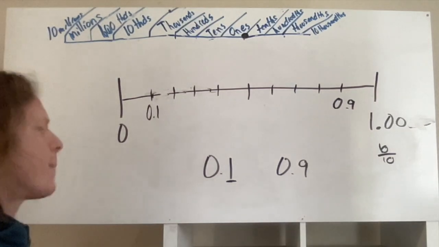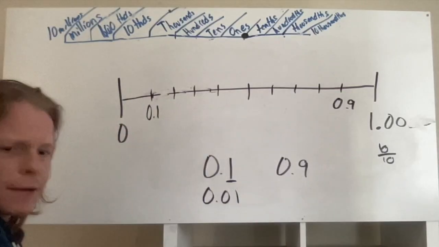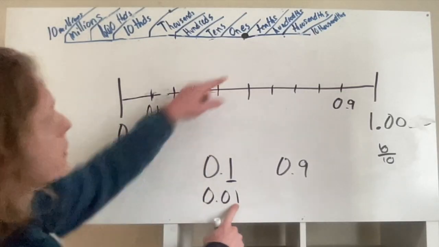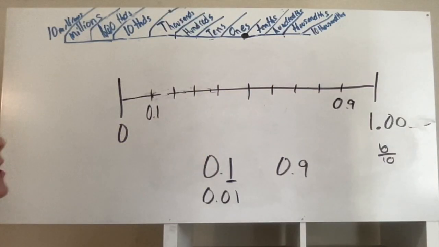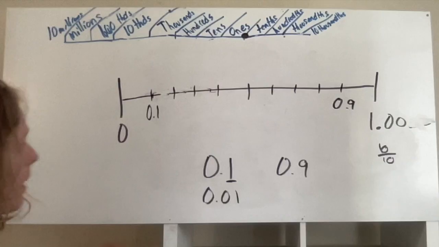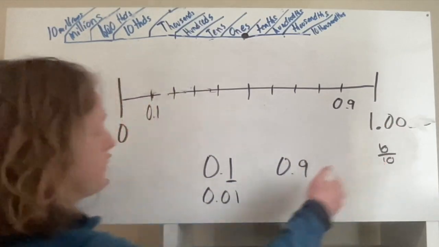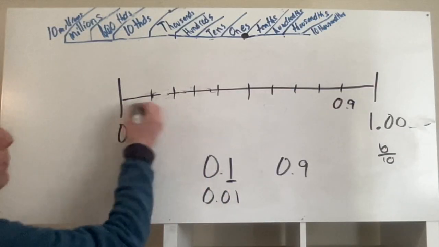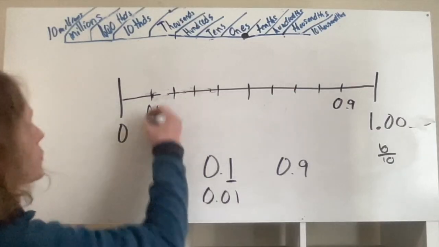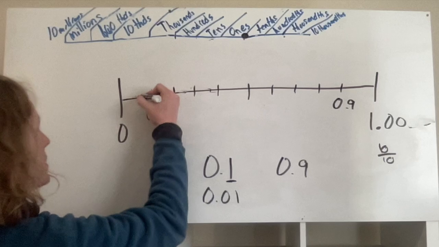Okay, but where would this go on the number line? How do we say this? This is 1/100th, okay? Well, when I'm dealing with hundredths, instead of thinking about breaking every whole into 10 parts, we're breaking it into 100 parts, which means each of these needs to be broken into 10. So I would then break this tenth into 10 pieces.